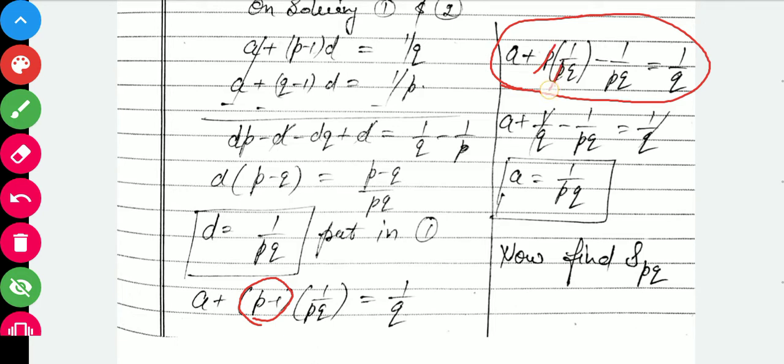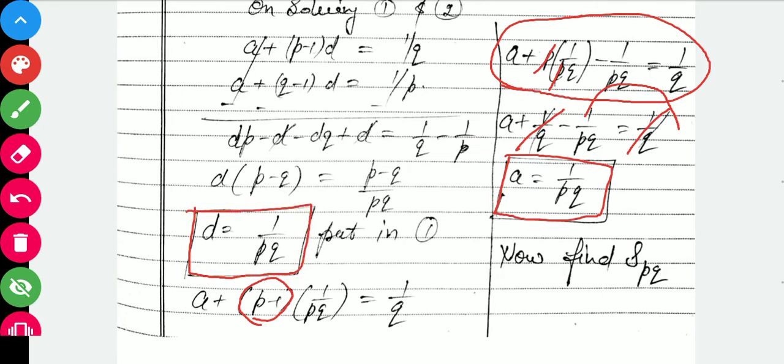P is cancelled with this p, we are left with a plus 1 over q minus 1 over pq is equal to 1 upon q. This 1 upon q is cancelled with this, and 1 over pq having the sign of negative moves to that side and becomes positive, and it gives you a is equal to 1 upon pq. So the values of d and a we have got.